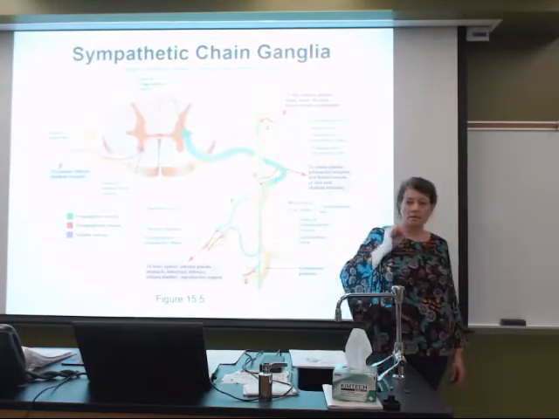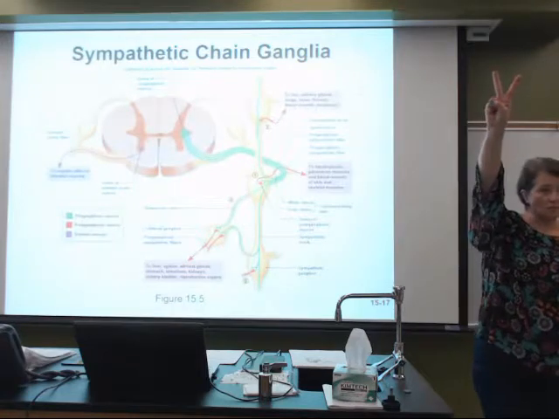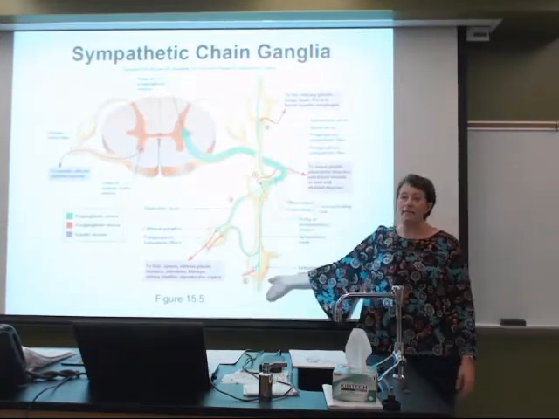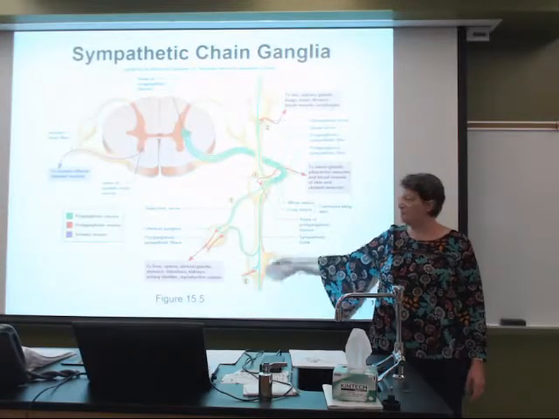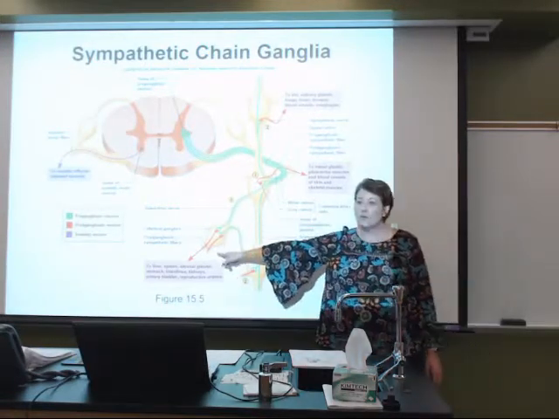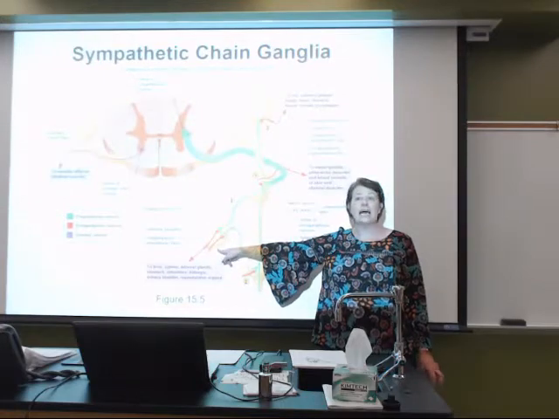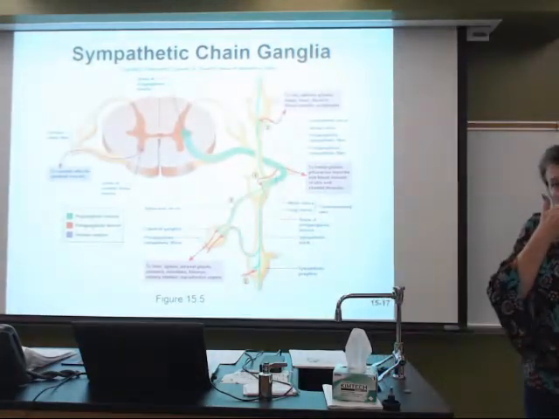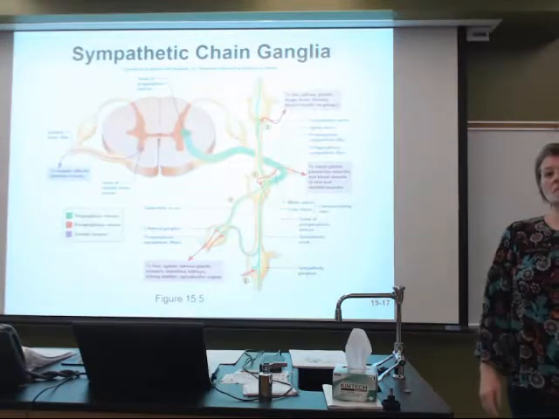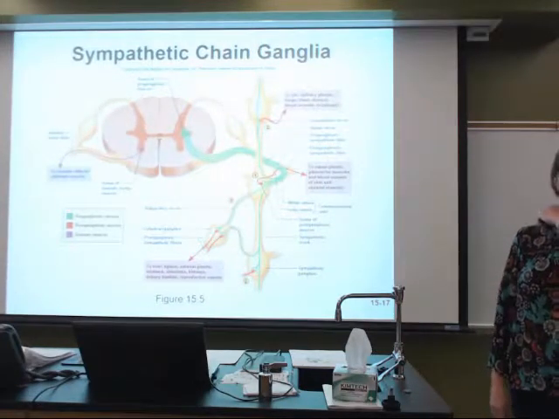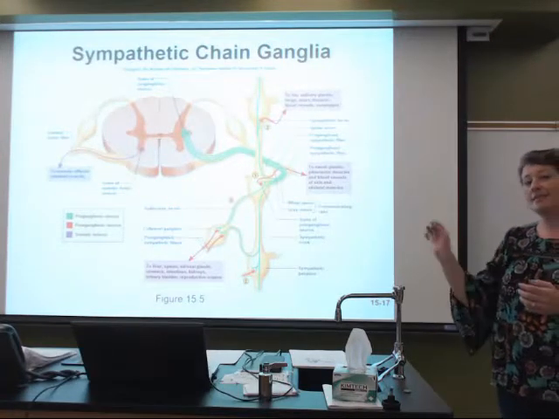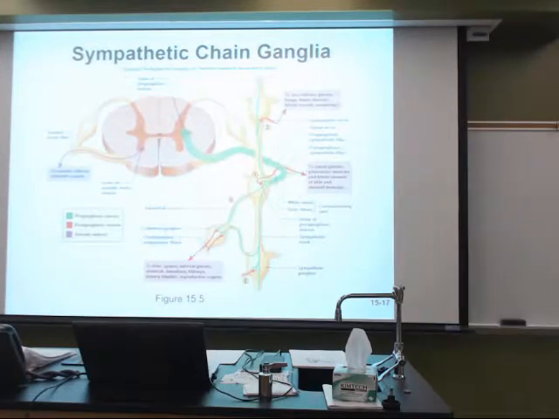So far, of the two routes that I've looked at, one of the routes got to travel the chain ganglia, and one of them made its way to collateral ganglia. What's the purpose of having three fibers synapse instead of just the one long fiber? Hold on to that thought, because it's going to deal with the fact that this is our sympathetic division.